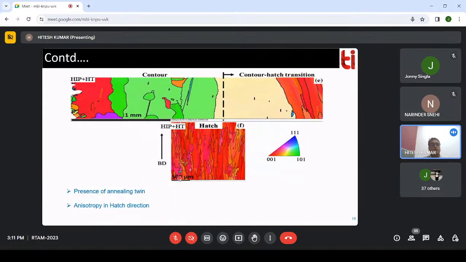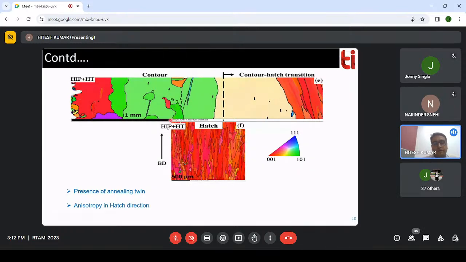Then, how is the texture going to change? To find that out, we did some EBSD on those samples. What we observe for the HIP plus heat-treated sample, as in the earlier samples without HIP or heat treatment, is that there was texture variation.